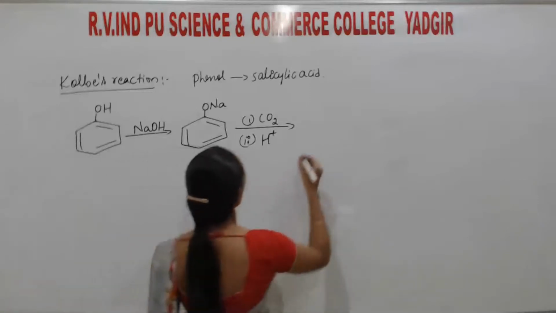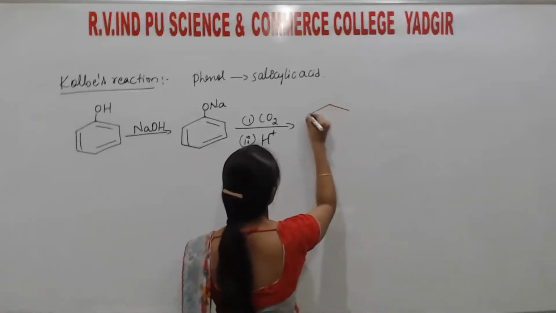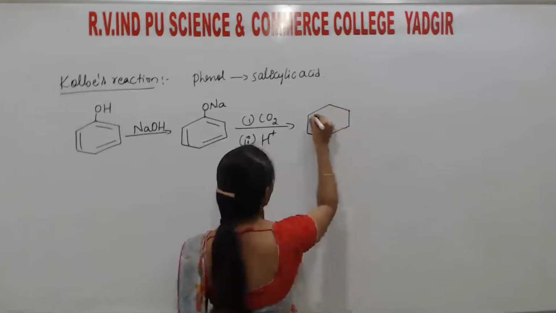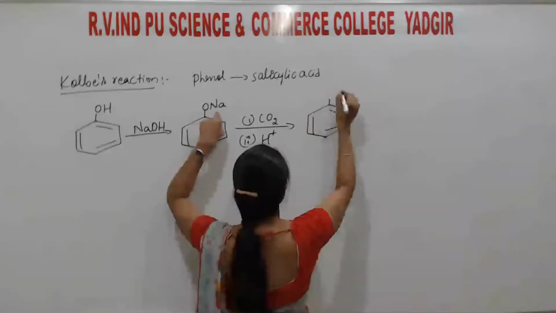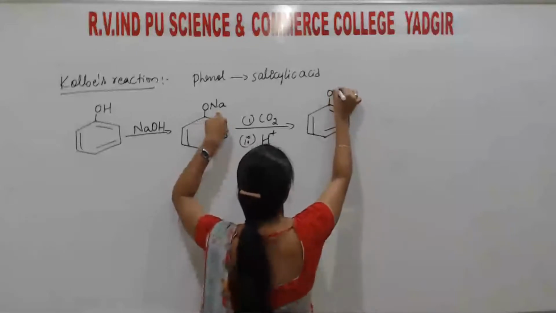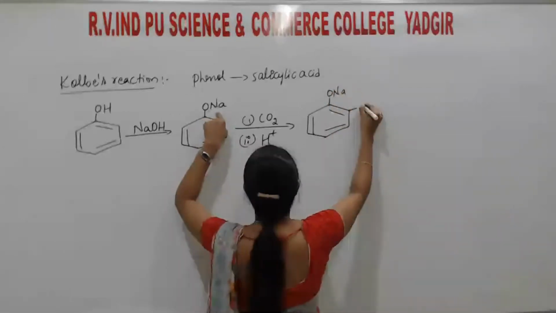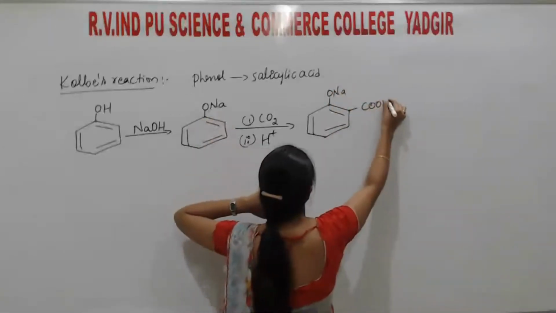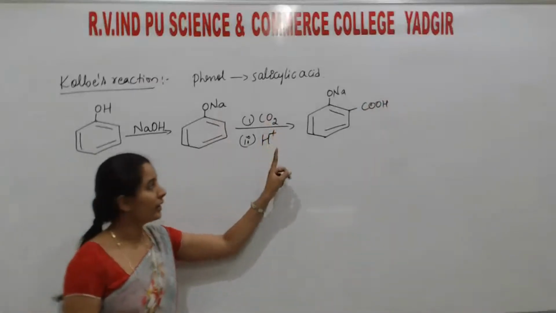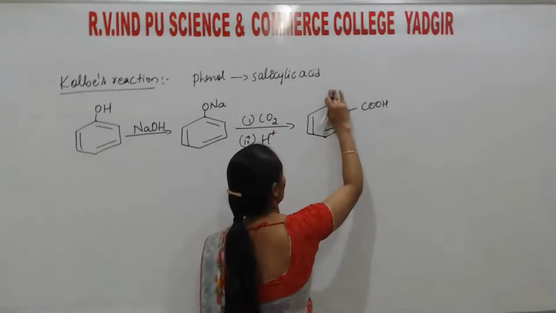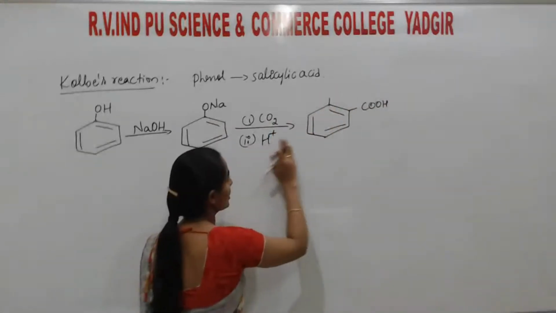Okay, so they form, of course, as this is a phenol group, we know that it is ONa. So students, listen, when CO2 is added, these are the steps I am writing here.